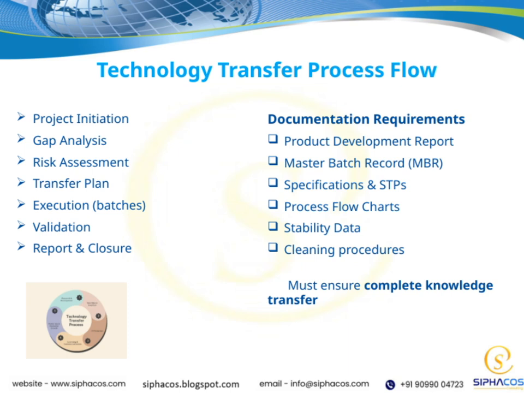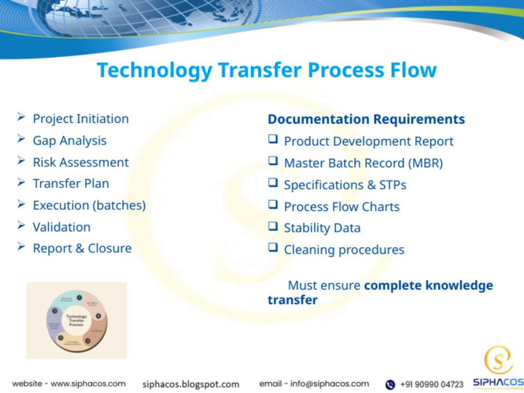Process flow charts visually map out each step of the production process, helping us understand the workflow clearly. Stability data is critical to demonstrating that the product maintains its quality over time, while cleaning procedures ensure that equipment is properly sanitized to prevent contamination.